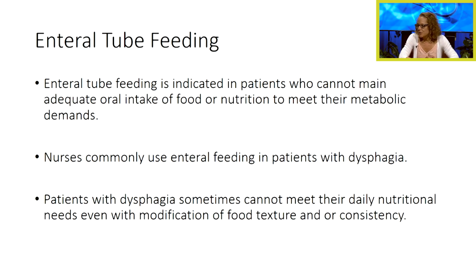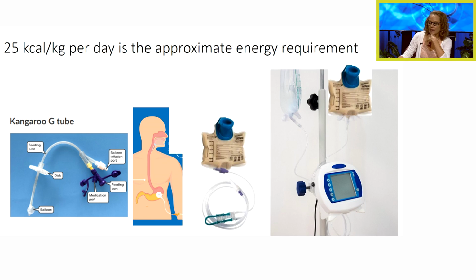So enteral tube feedings are indicated when our patient cannot maintain adequate oral intake of food or the nutrition to meet their metabolic demands. And nurses commonly use enteral feedings in our patients with dysphagia. Patients with dysphagia sometimes cannot meet their daily nutritional needs, and so we have to turn to alternative means, and this is kind of what it would look like.